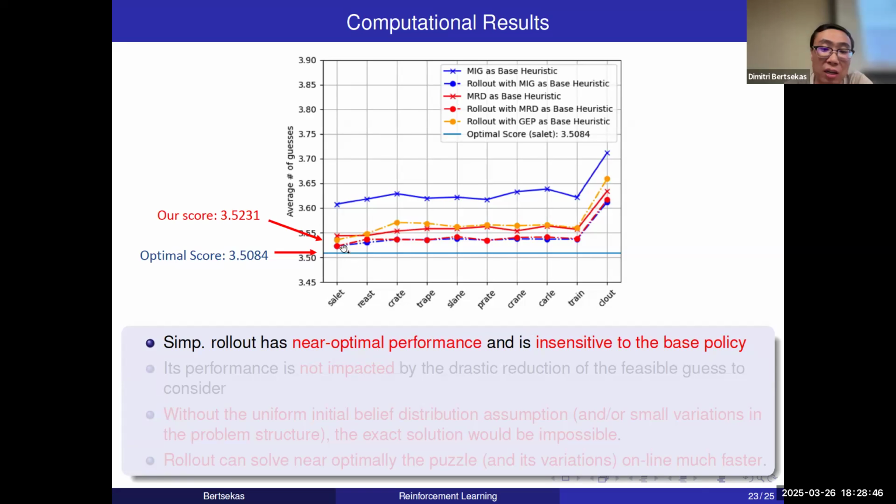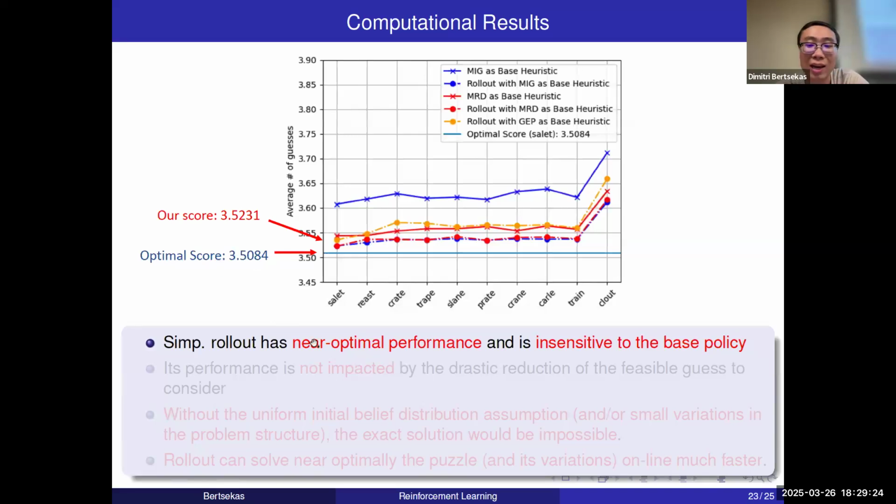And the other thing obviously is all the cost obtained by base policy is very close to optimal, starting with different opening words. But of course, the opening words is the first control U0, right? So you compare with the U0 equal to the optimal, you see our score obtained by rollout, the best one of them is 3.52, which is very close, 0.5% of, if I'm not wrong, the optimal.